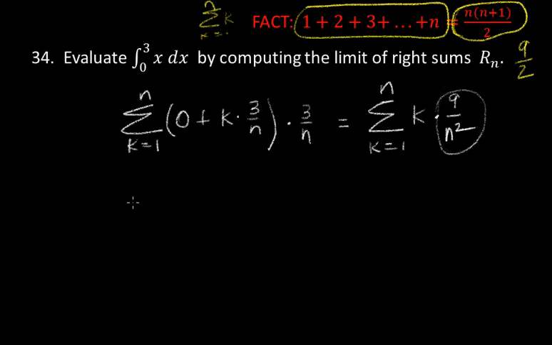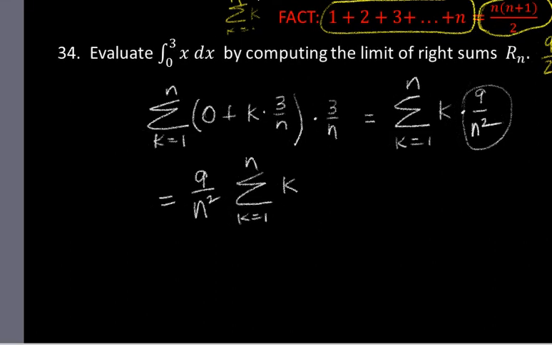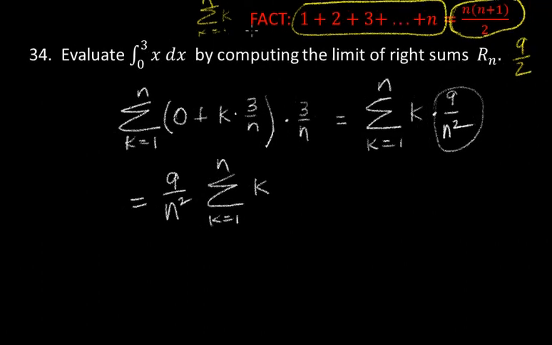And this does not involve k, so I can factor it out of each term in that sum of n terms. So I'll bring the 9 over n squared to the left, and what I have here is the sum from k equals 1 to n of k. Well, that's exactly this sum here, the sum from k equals 1 to n of k, and we have a formula for it.